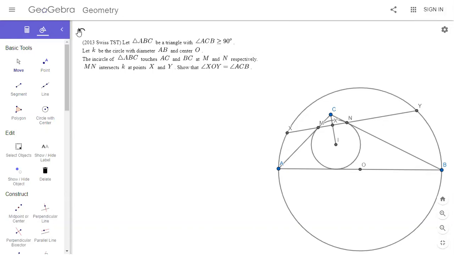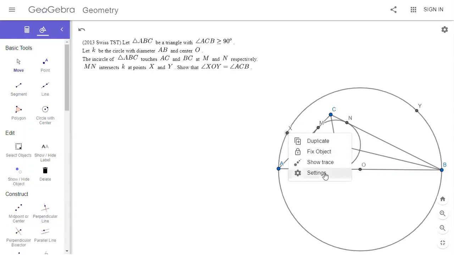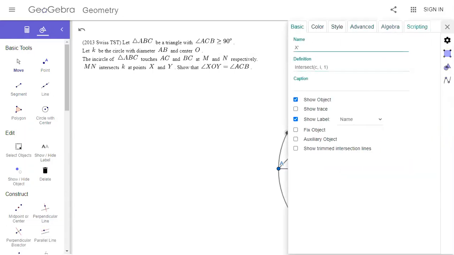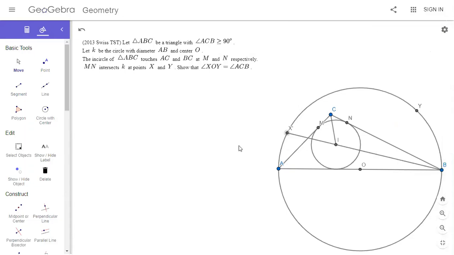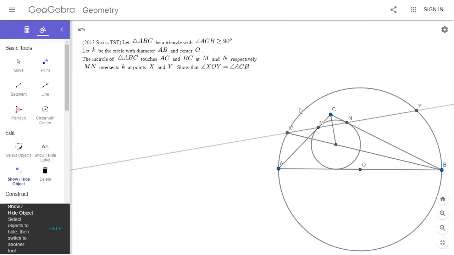Oh, okay. So this is X prime. And then we want to show basically AX prime MI is cyclic. Yeah, that is cyclic. But we have to hide the circle.